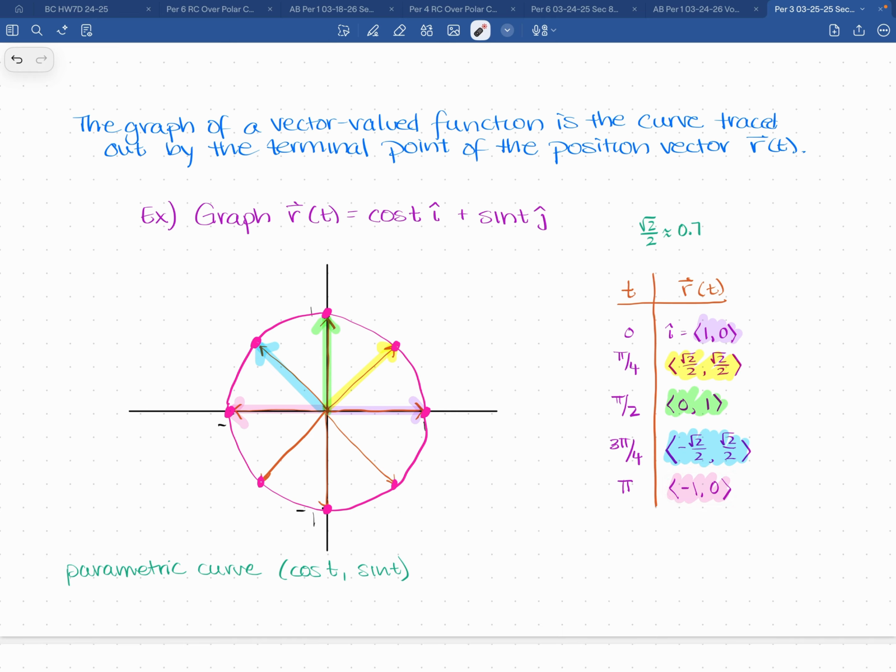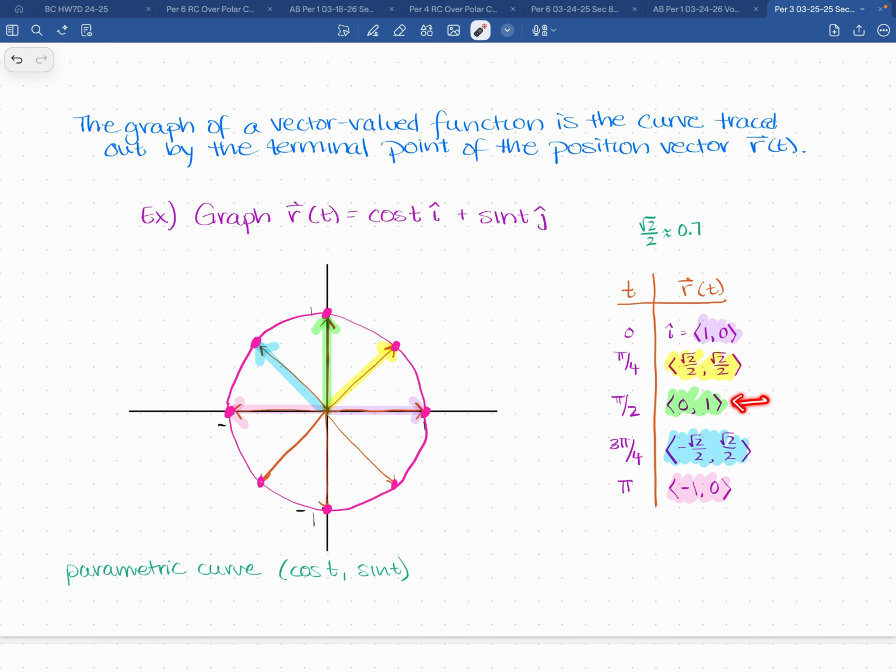So now if I plot these vectors, for instance, this one that's highlighted purple, starting at the origin, go horizontally 1 unit, there's my terminal point right there. The yellow vector, root 2 over 2, root 2 over 2, and root 2 over 2 is about 0.7. Starting at the origin, if I go over root 2 over 2, up root 2 over 2, there's my terminal point right there.